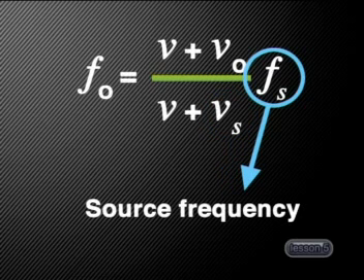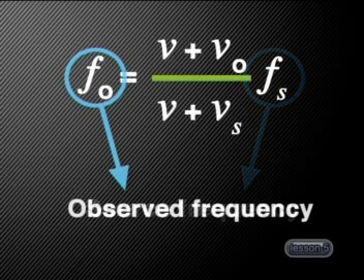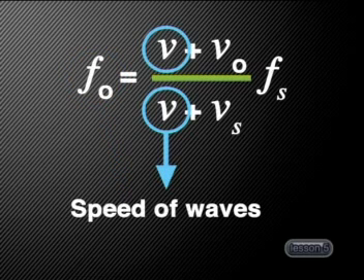The variable fS represents the frequency of the waves as they leave the source, and fO the observed frequency. The speed of the waves is represented by the variable v.